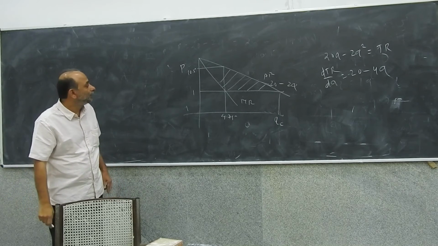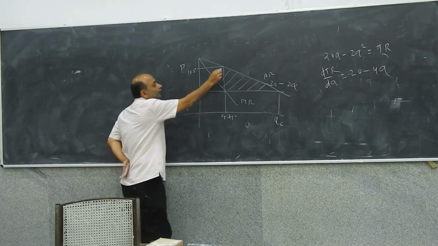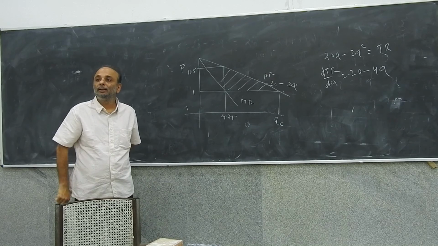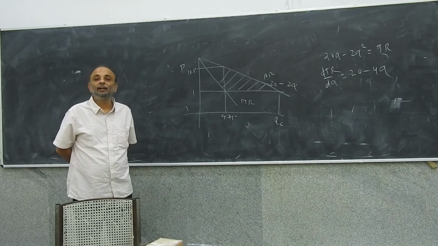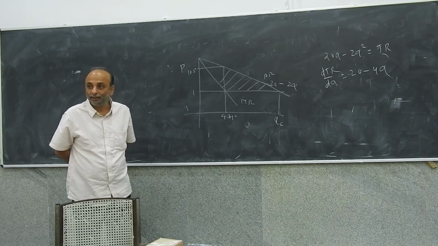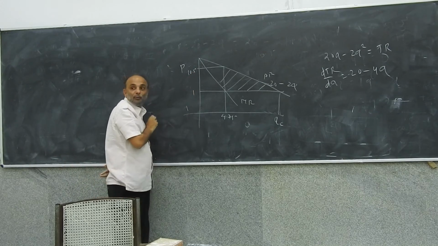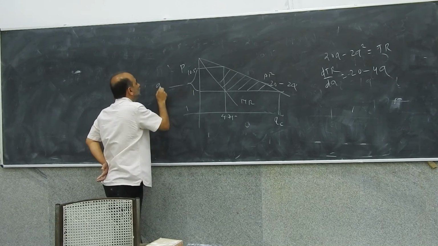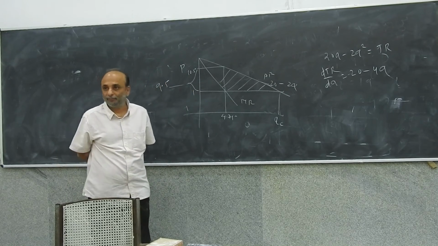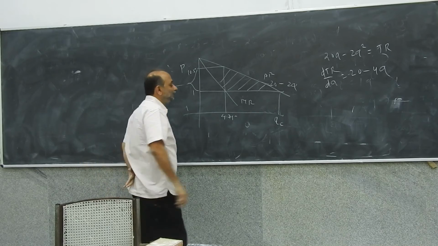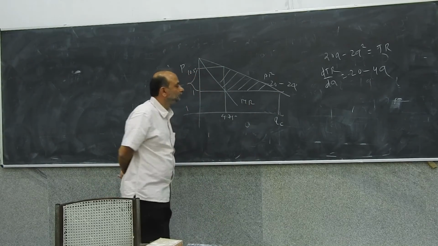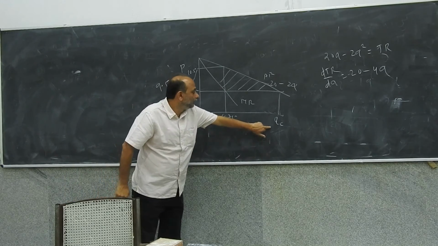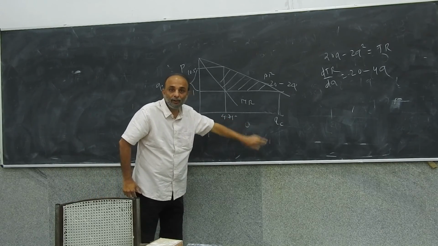Now how do you calculate this? We want the area of this triangle. Area of a triangle is half base into height. What is the height? 10.5 minus 1, which is 9.5. How do you find QC? Because you want this length as well.